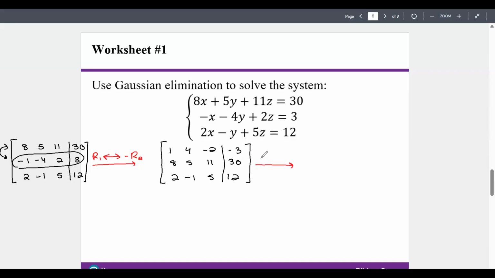Okay, so we can do -8 R1 and add it to R2. Meaning this will be -8. This will be, sorry, -32. This will be -8, this will be +16, and then this will be +24.